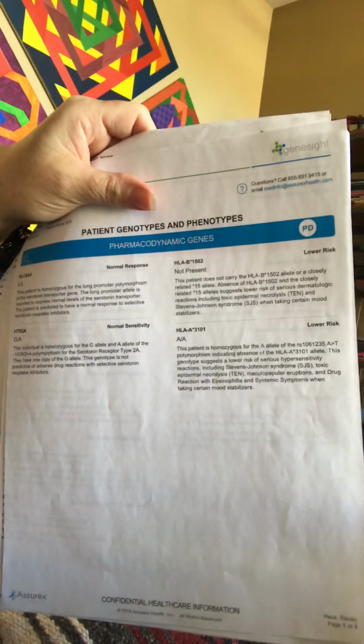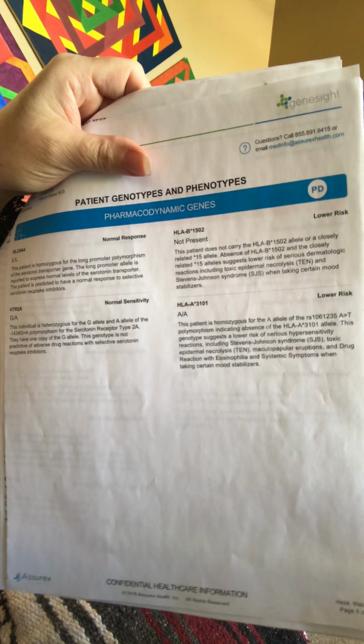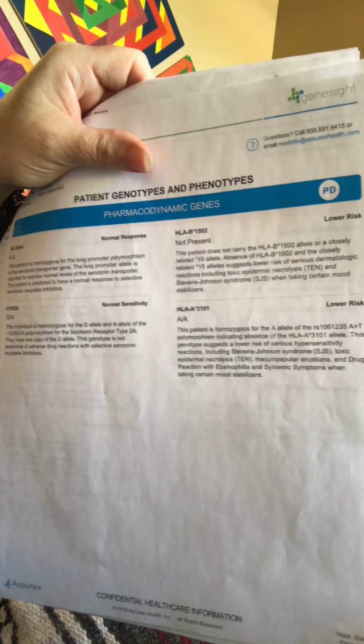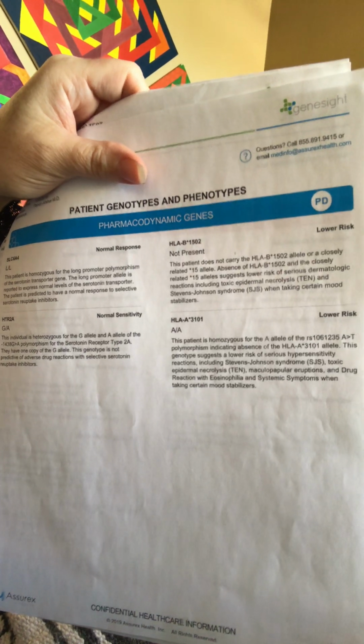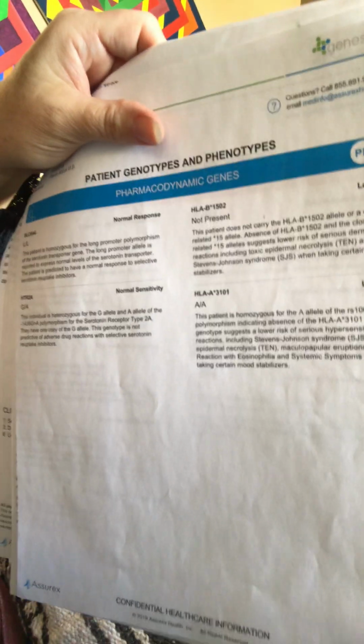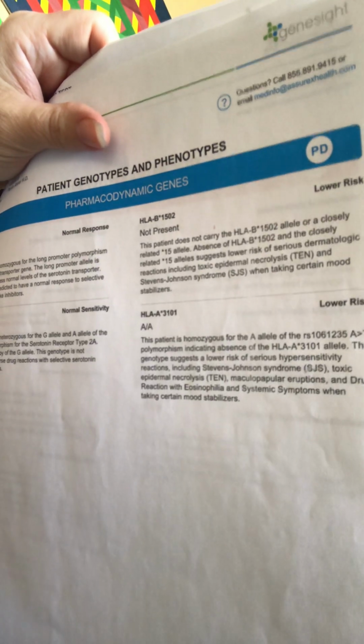Here we go. So this here is a test concerning SSRIs and my response to them, which is normal. And it also tests whether I have a higher risk of Stevens-Johnson syndrome, which I thankfully have a lower risk of receiving.